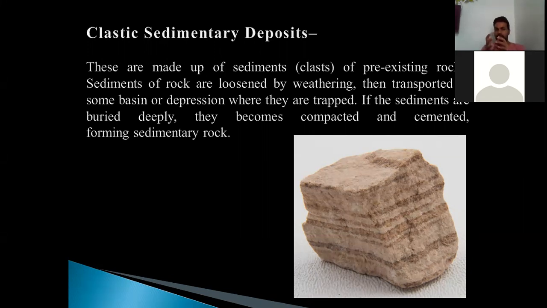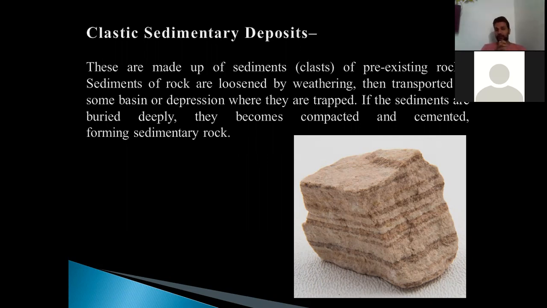Then those sediments are transported to some basin or depression, where the velocity of the agencies is checked. What are the agencies? River, glacier, wind. They carry those sediments from the site of formation to the depositional basins. And if these sediments are buried, compacted and cemented, ultimately you will get the sedimentary rock.